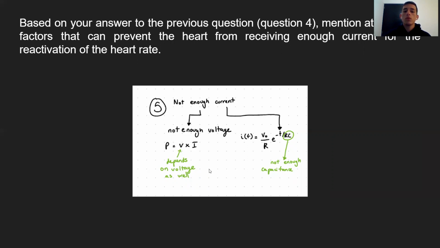So the bigger the voltage, the more current we're going to have. We also didn't have enough capacitance, which is a very similar process as the voltage, because in the capacitor is where we store most of the energy that is going to flow towards the heart. So if we don't have enough capacitance or enough voltage, we're not going to have enough current.